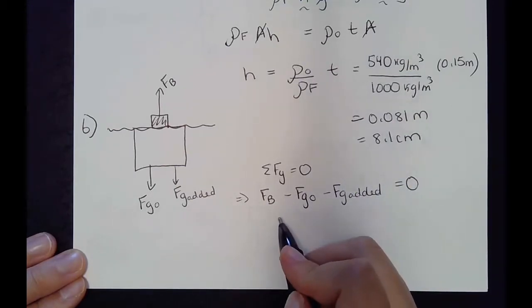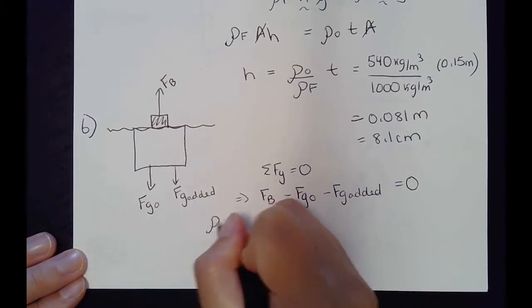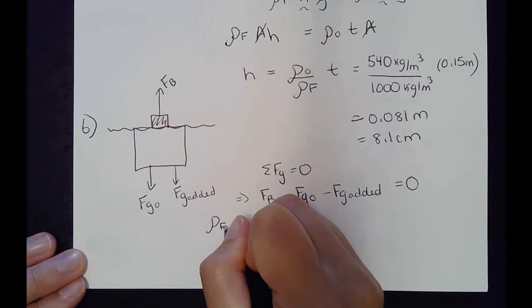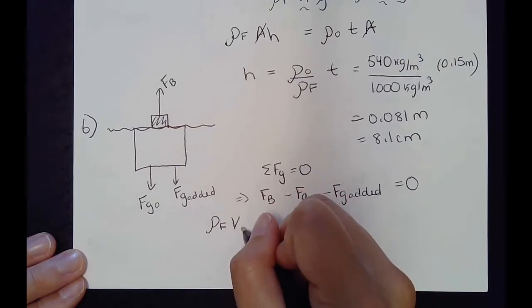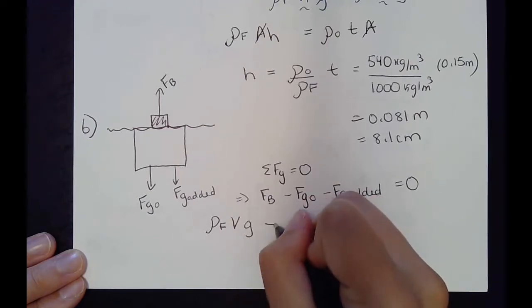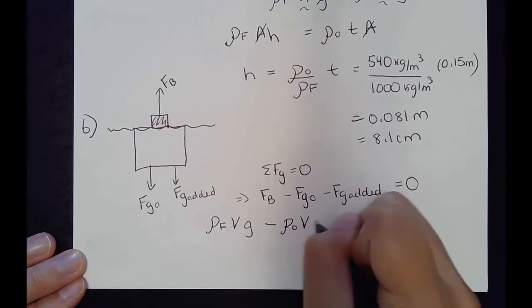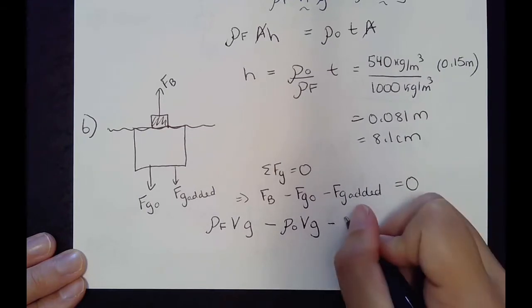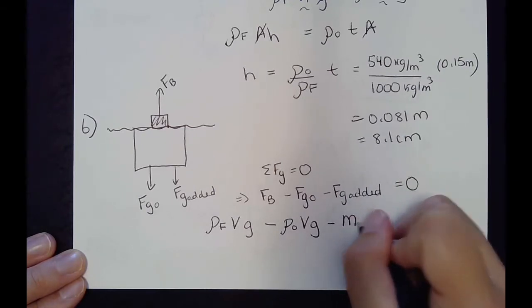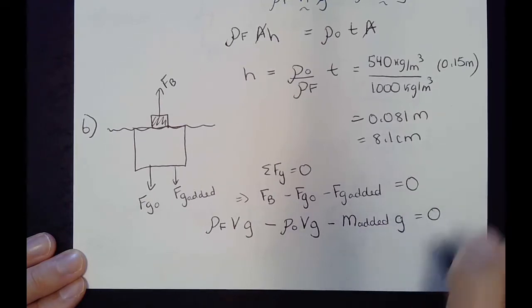So let's plug in to find this. We'll have our buoyant force, which is going to be the density of the fluid times the entire volume of the object this time, and then G, minus the density of the object times its volume times G, as we did in part A, minus the mass added, M added, times G.